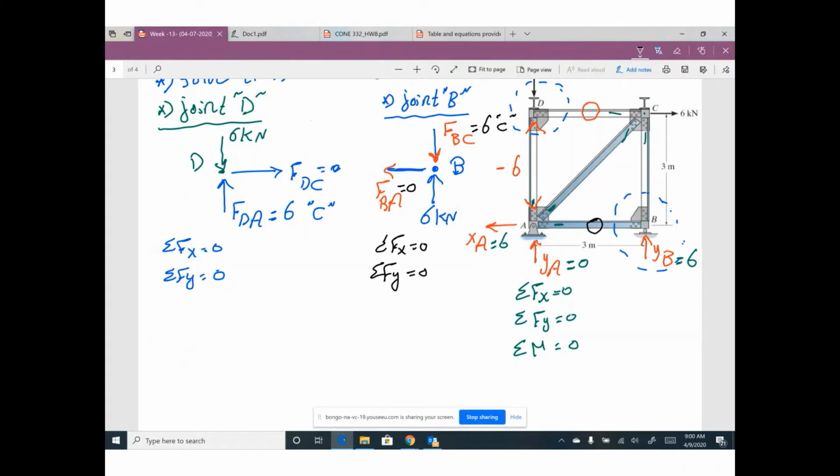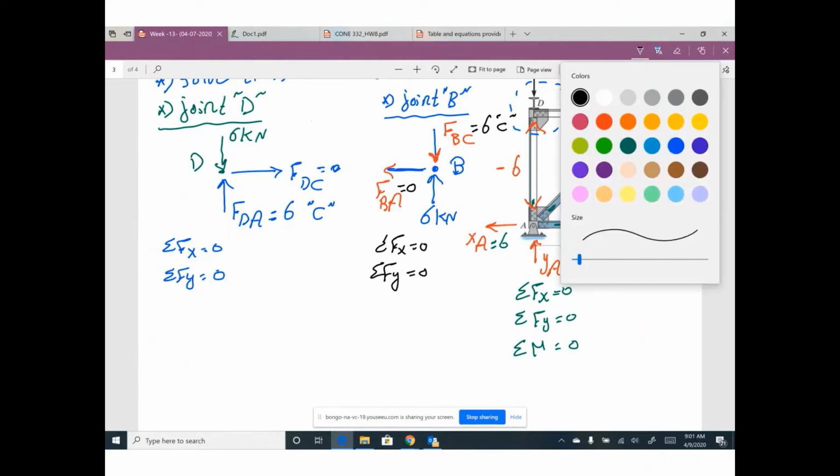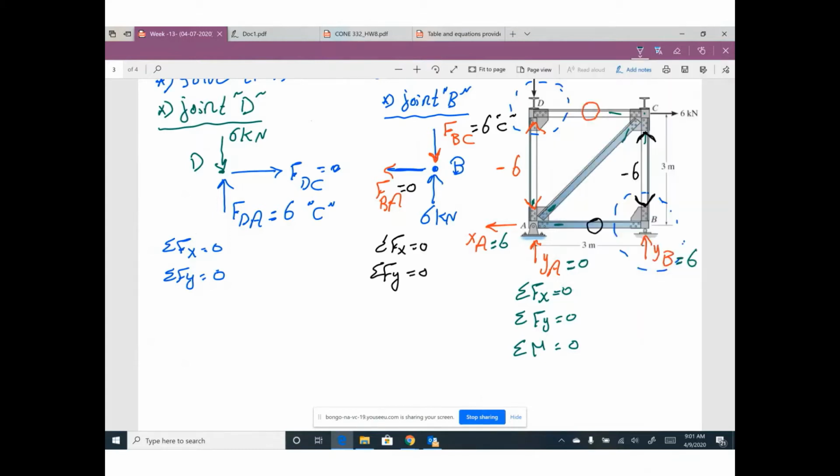That means this member will be under compression like this. It will be compression on the other side. Your value will be -6. Negative on this truss means compression. Positive means tension.